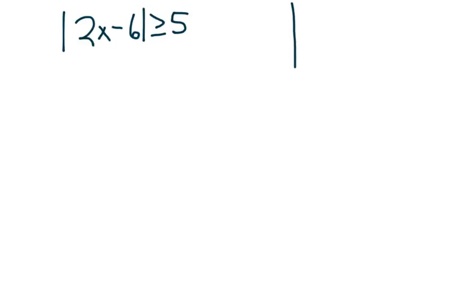All right, the next one is, on my paper, the absolute value of 2x minus 6 is greater than or equal to 5. Again, I'm going to draw my table. Hopefully you know how to solve, because I'm going to try to skip steps here, as usual.